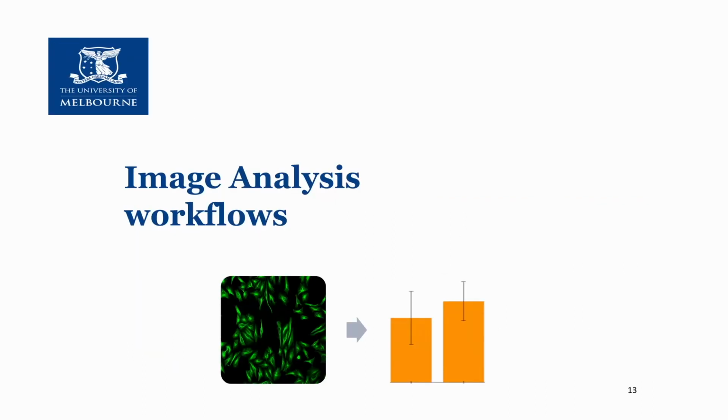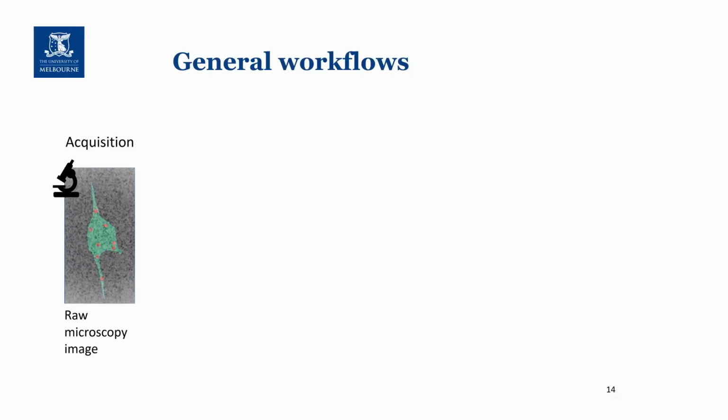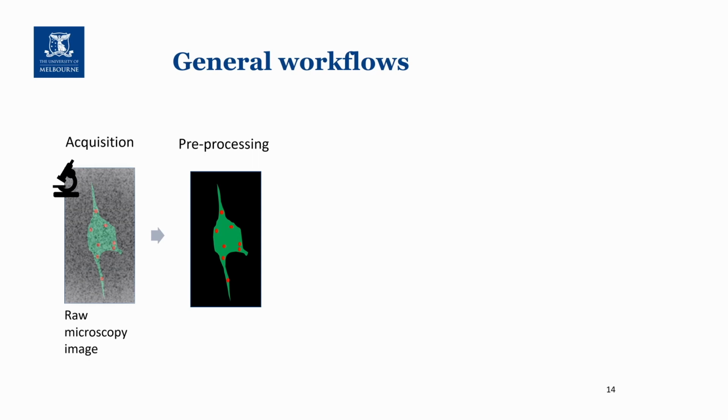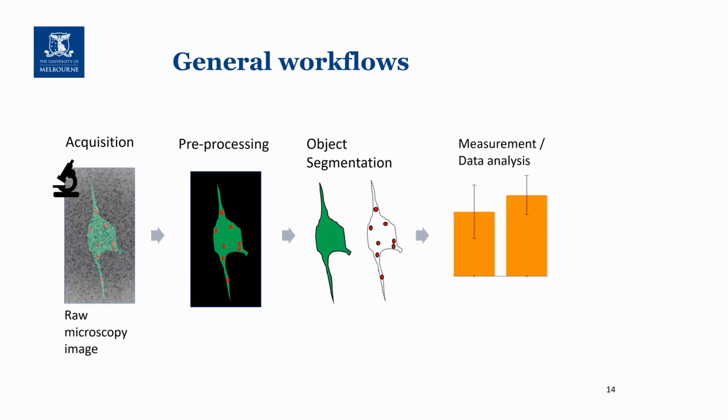Now I will go on to the main part of the talk, introducing the general workflow in image analysis and how we go from images to graphs. So let's say we have a raw image like this. Generally, the workflow will involve pre-processing to correct for defects and improve the image quality, object segmentation, where we will identify the features we want to measure or define regions of interest, and finally, we will carry out measurements and do the data analysis.